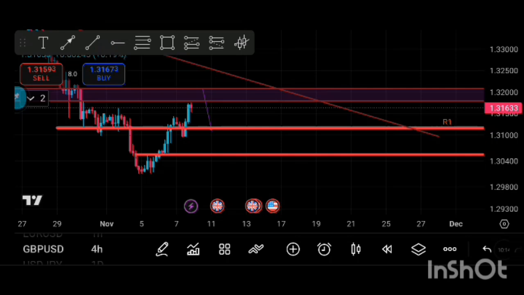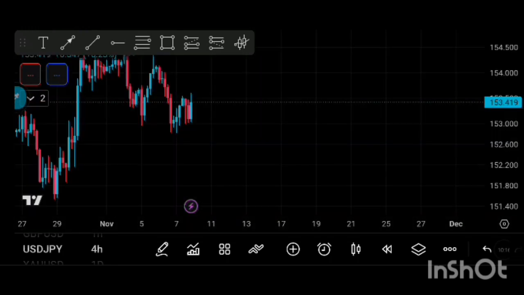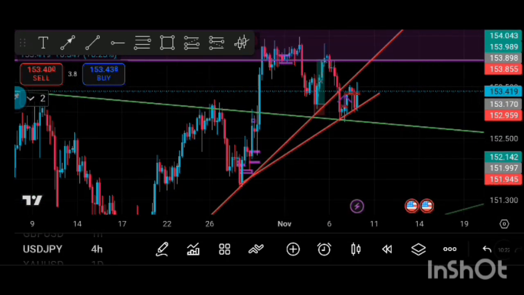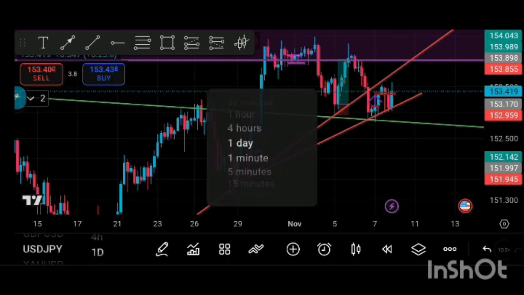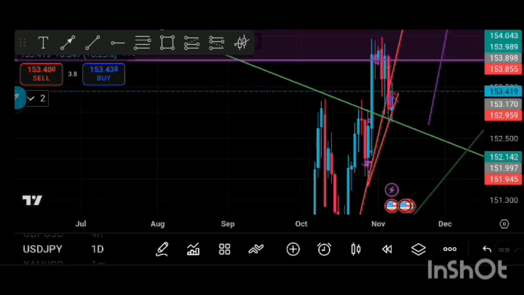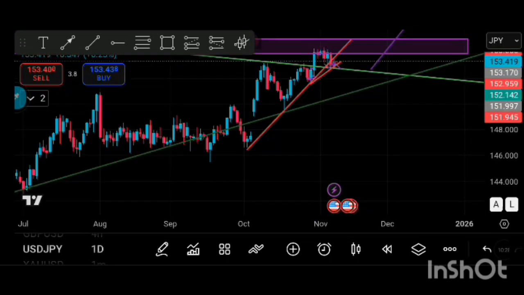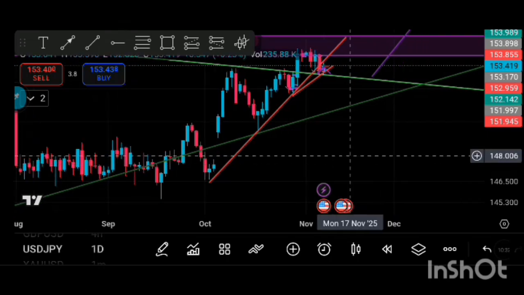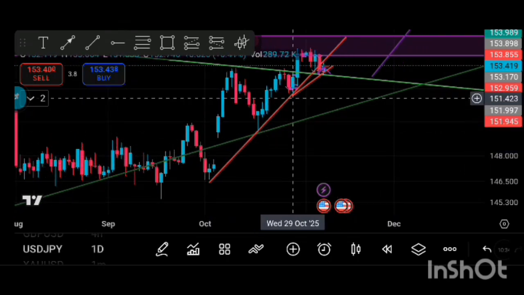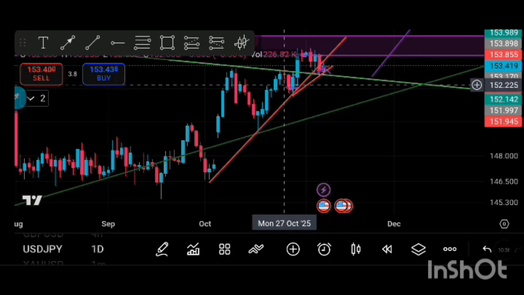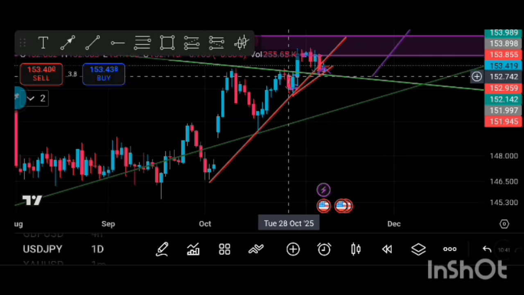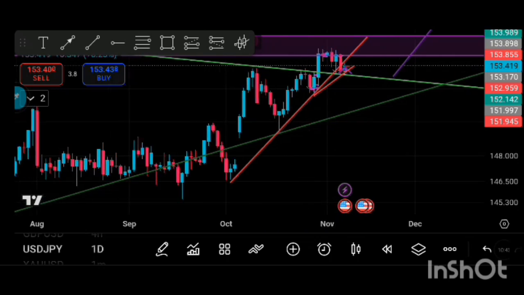So then we come to USDJPY, and this is a light work show, guys, so bear with me. As you can see, there are so many trend lines, and the trend lines just worked out for me, honestly.